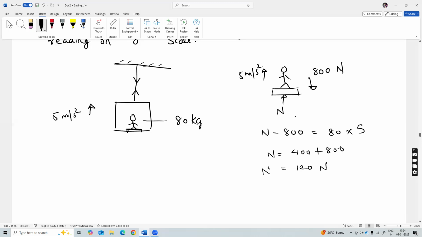So basically the normal reaction provided will be equal to 1200 Newton. Understood? Okay.